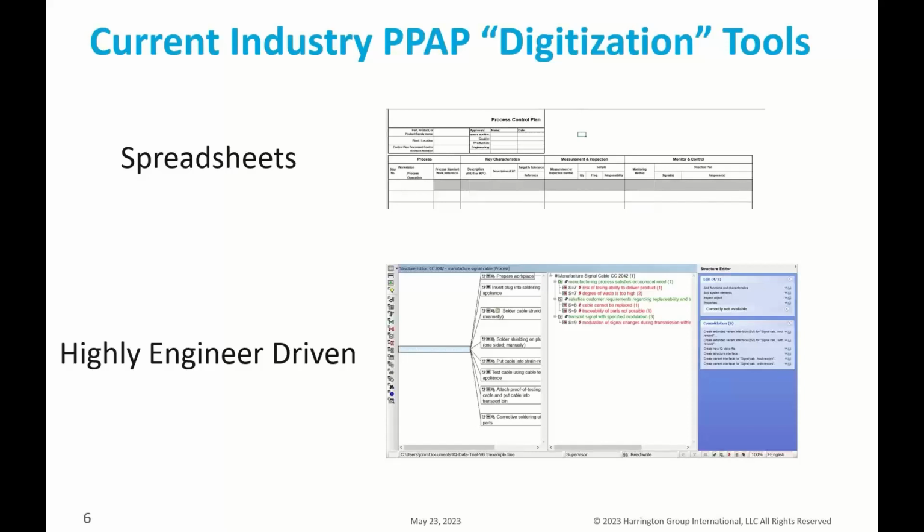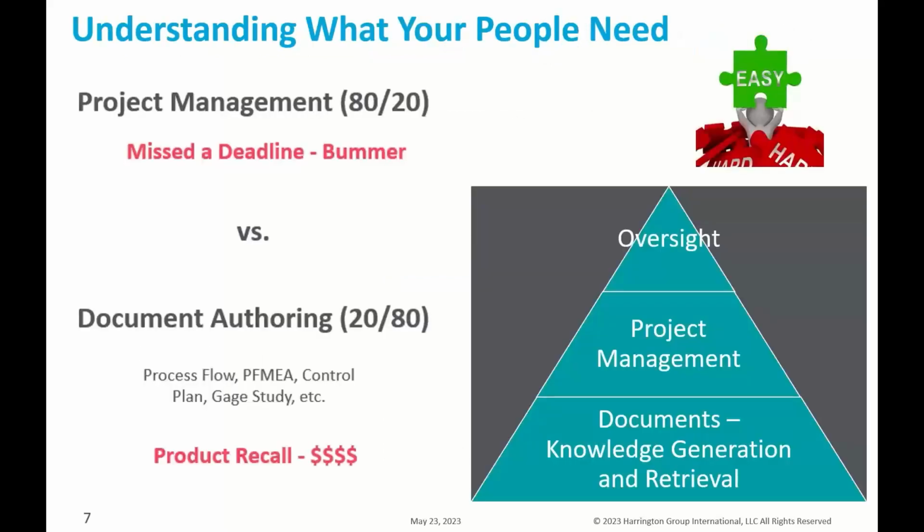And then the highly engineered ones are really good tools for your design engineers. But what I've experienced in working with people that are executing it at the part manufacturing level, it's just too complex. The part guys don't think the same way as design people. So, is there a simpler, easier way to do it?